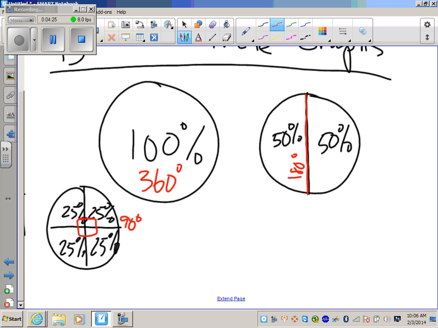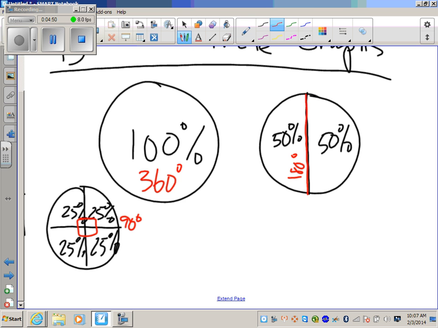Least was tennis, followed by which has the next biggest wedge from tennis. Volleyball, followed by baseball, and soccer. Soccer's almost half, right? It's almost half. So you've worked with questions like that.